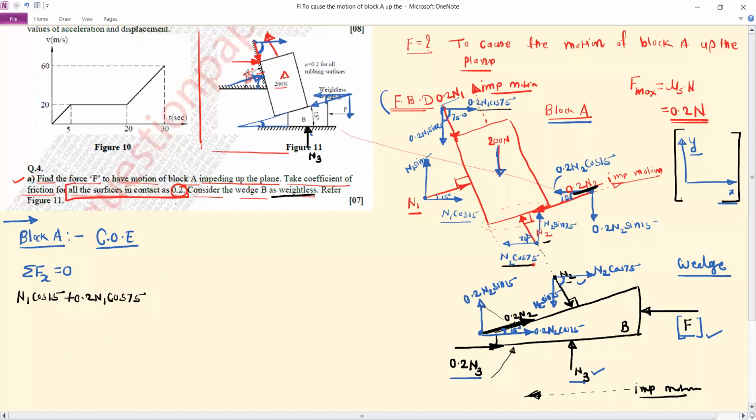Then this is negative N2 cos 75. So minus N2 cos 75. Then we have this component of friction force. It is also negative. So minus 0.2 N2 cos 15. And this is equal to 0. So from this you can take N1 common. So try to find out the coefficient of N1.